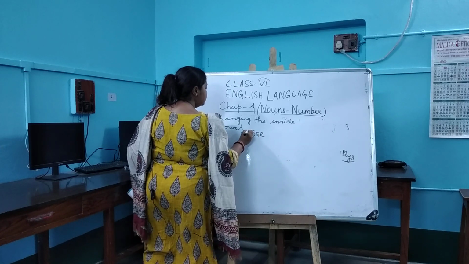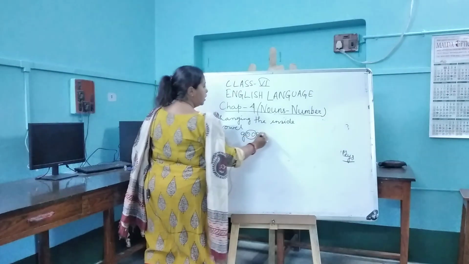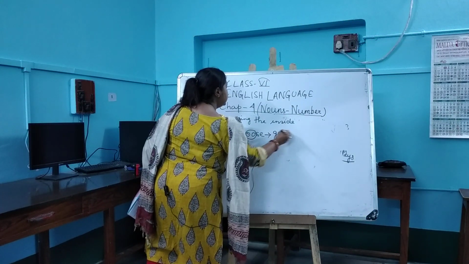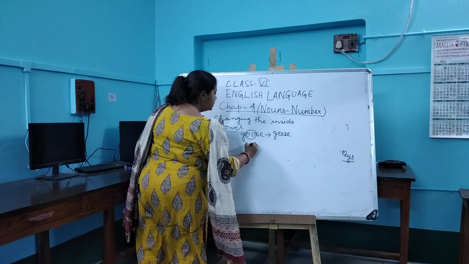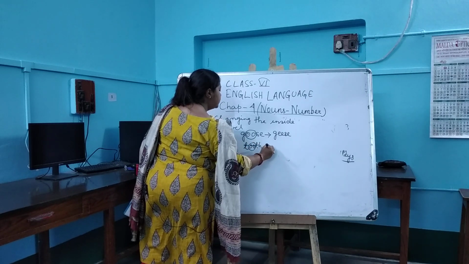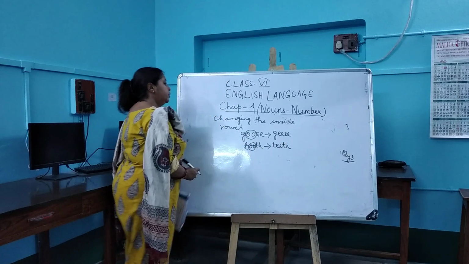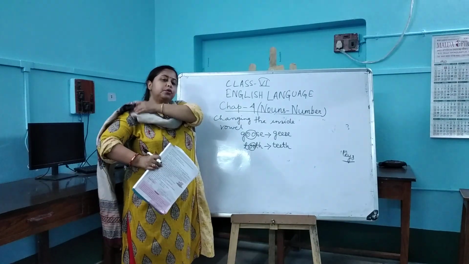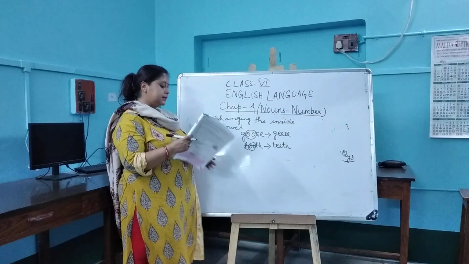See that these inside vowels are O. We will change this one: G-E-E-S-E, geese. Okay. Tooth, T-O-O-T-H, tooth. This is the inside vowel. We will change this into teeth, T-E-E-T-H, teeth. Okay. So some words change from singular to plural form by changing the inside vowel.